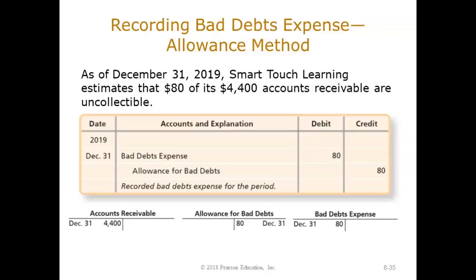The allowance for bad debt is an offset against accounts receivable. You're always going to see the allowance for bad debt on the asset side of the balance sheet. But most assets have debit balances, and since the allowance for doubtful accounts is a contra account, it's going to have a credit balance, even though it's on the asset side of the balance sheet.